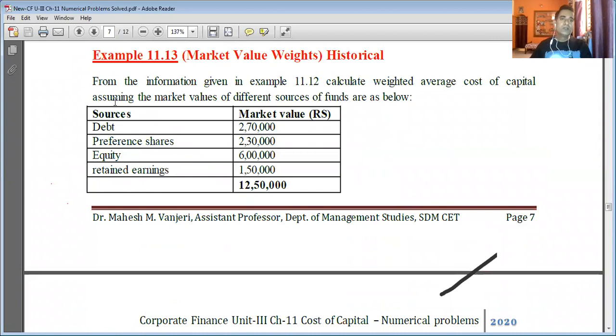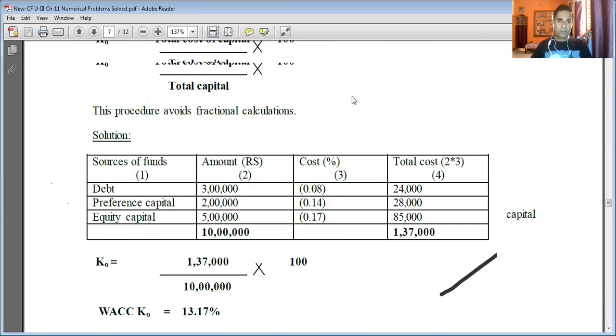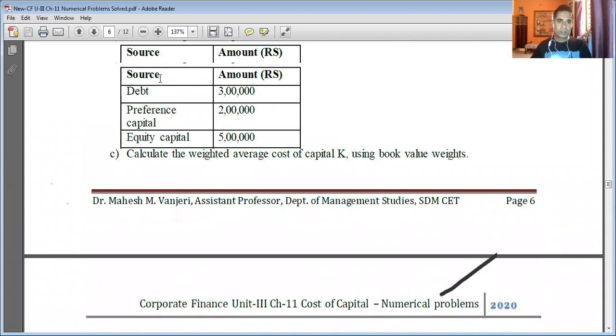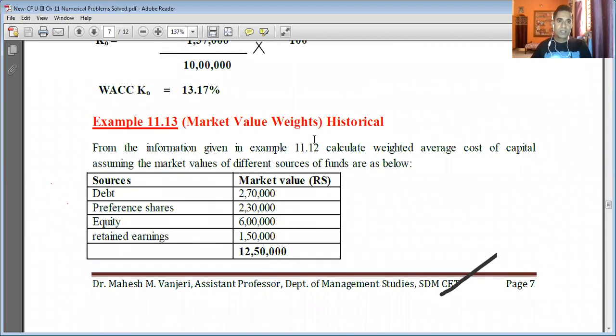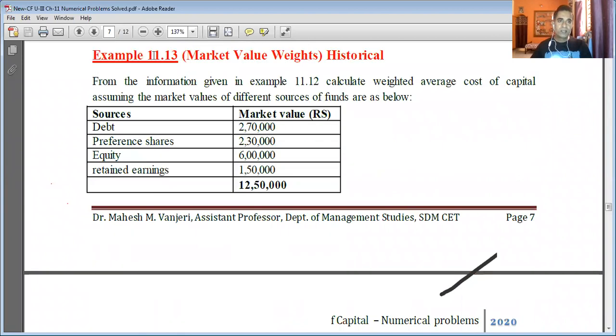So the next example is an extension of the previous example, number 11.12. Example 11.13 is an extension of example 11.12, but in this example, we are going to compute weighted average cost of capital using market value weights. So let us go ahead to the example.